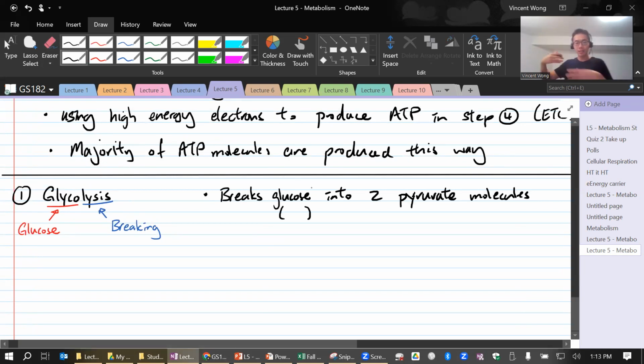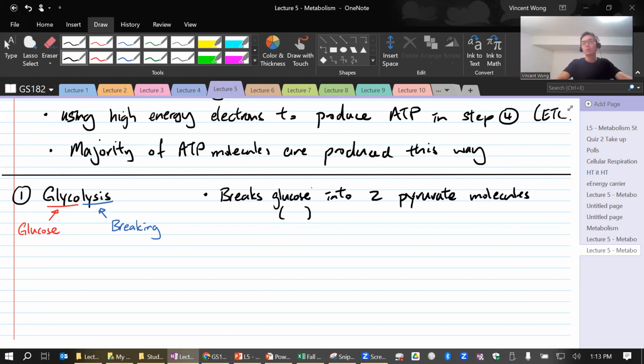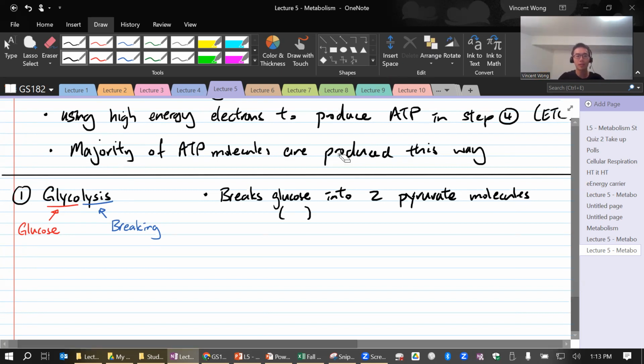Again, help me out, please. So I know that you guys are with me. How many carbon atoms do we have in glucose? 6 is correct. Thank you. So we'll say 6 carbon.